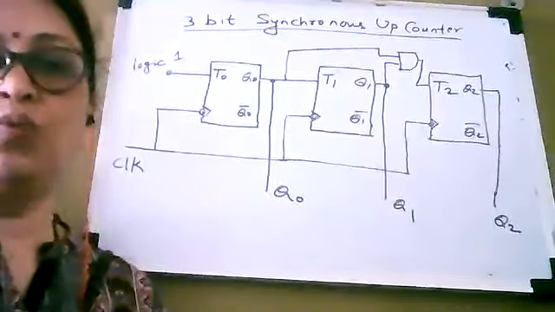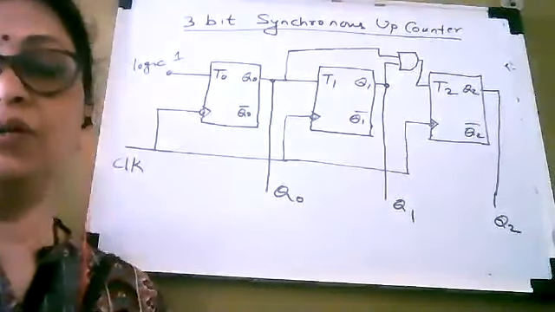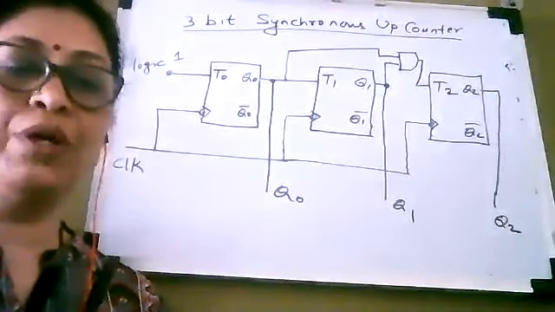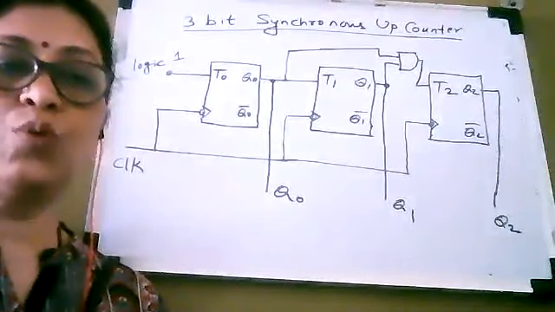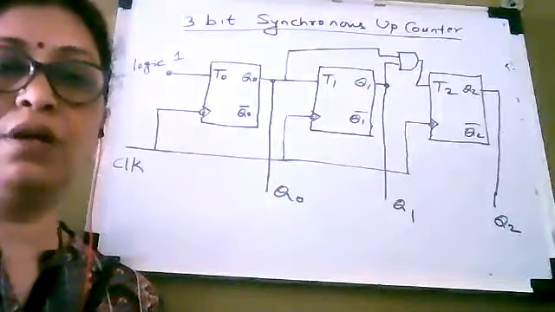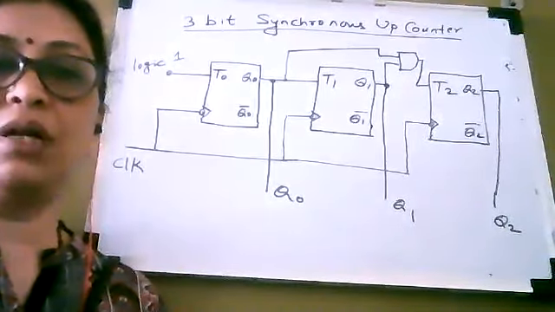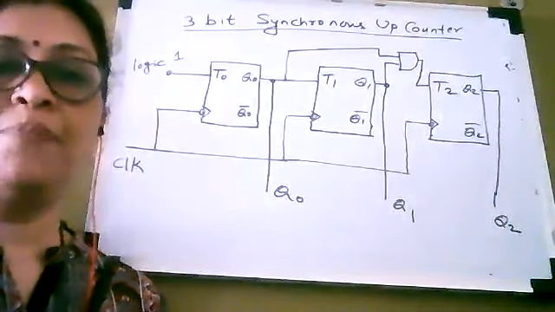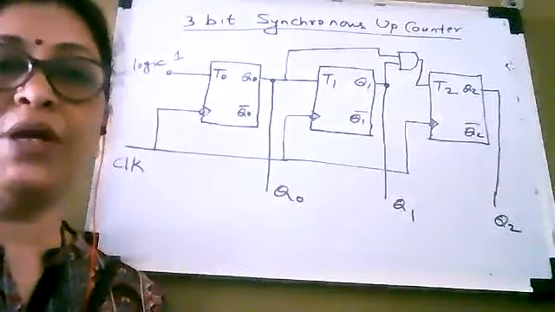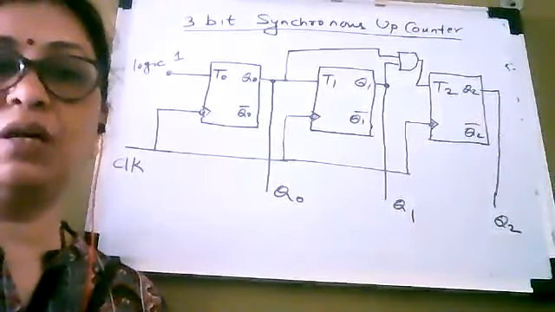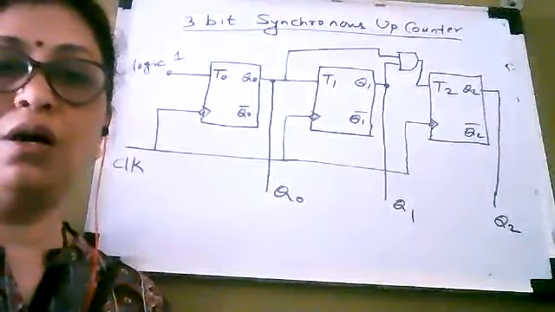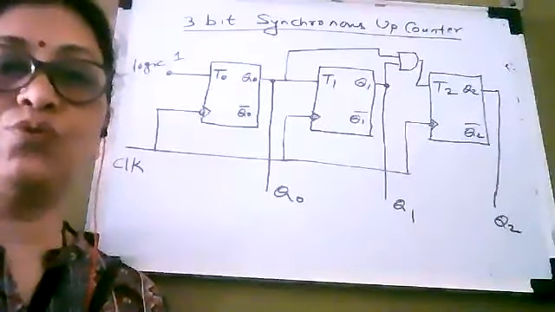And when T2 is equal to 1, then and only then the flip-flop is going to toggle, that is, change its state. Now let us see the working of this quickly, so that we can move to the down counter.